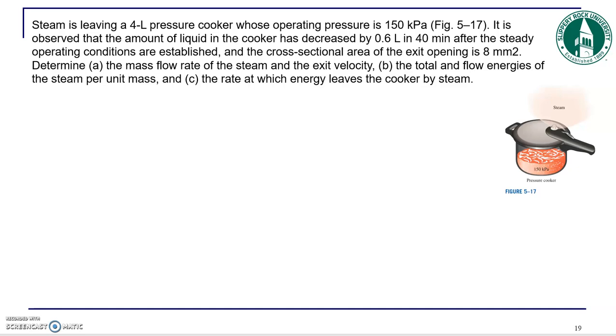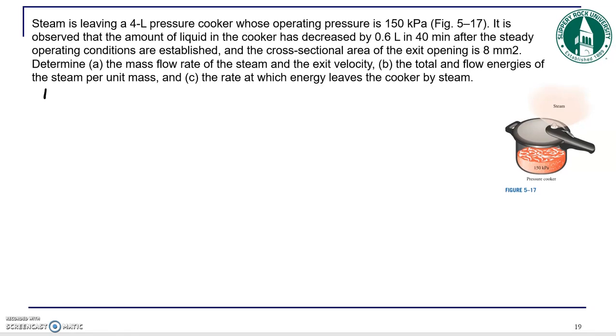So if we have a two-phase condition, which table should we refer to? Do you remember from previous chapters? So it's a saturated vapor liquid mixture, and that's water, right?